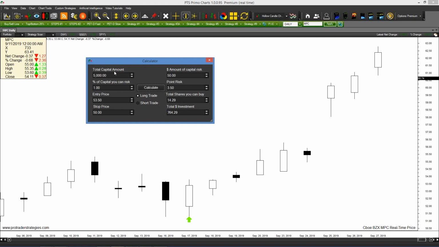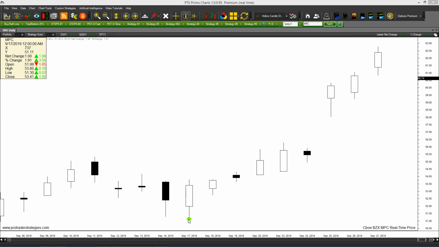Now this would have been, let's go back and say we had a $25,000 account and we risked the benchmark 2%. And so we purchased 140, let's say 150 shares, okay? Now one of the other things that we have on our platform with our particular strategies are our predefined exits. All you have to do is click on and hit range extension.